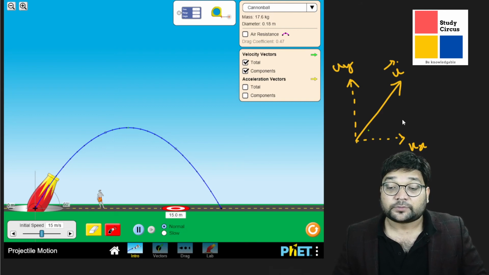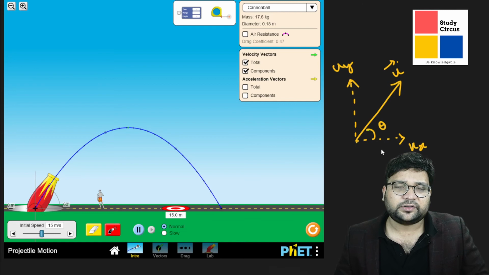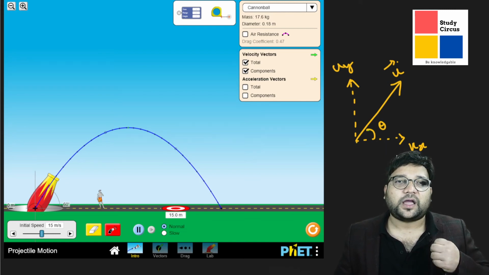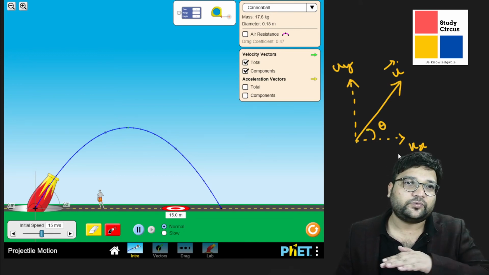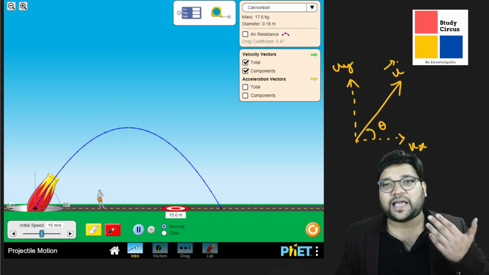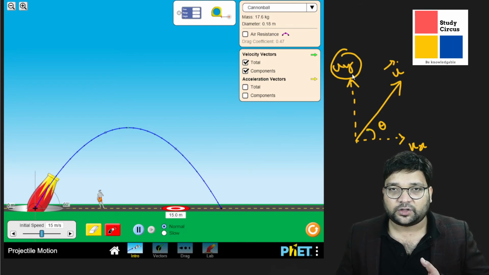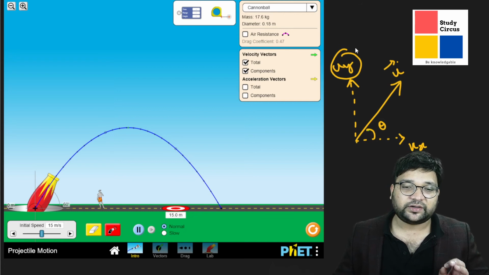It was thrown at some angle theta. Now I told you, because the force of gravity is only in the vertical direction, there is no force in the horizontal direction, the acceleration is only in the vertical direction, so only the vertical part of the velocity is changing, the horizontal part is not changing. This is what we will try to see here.